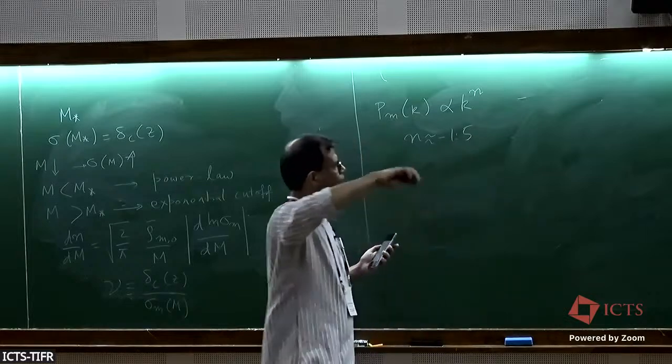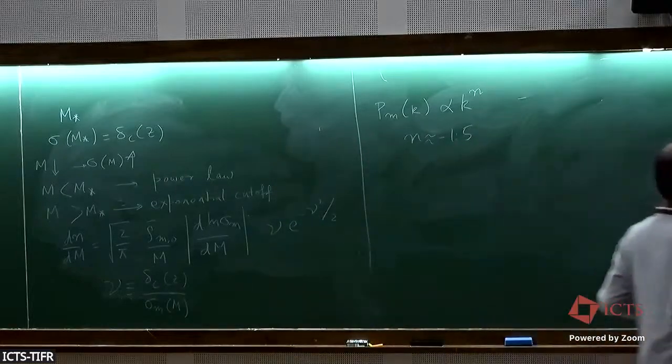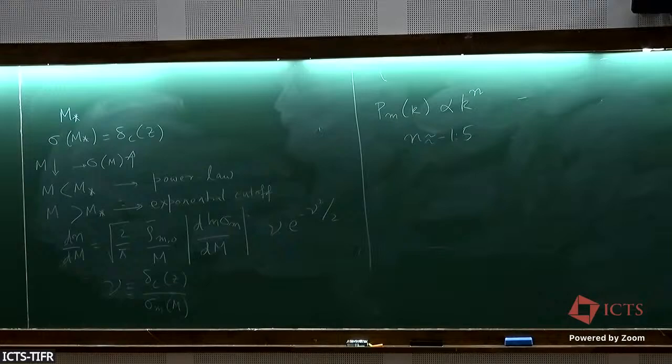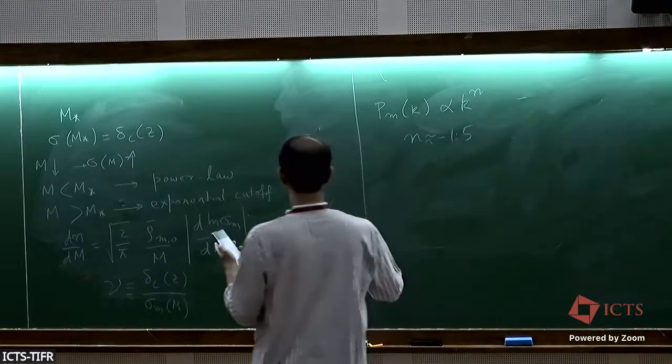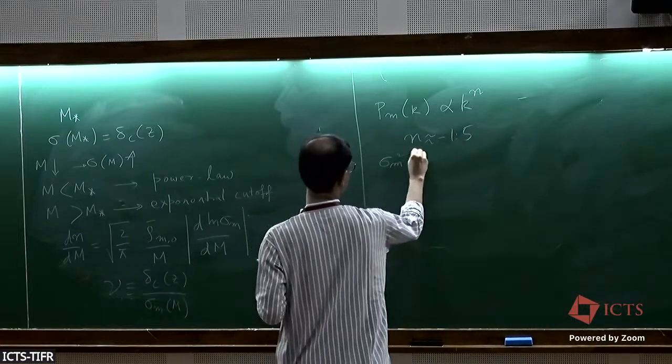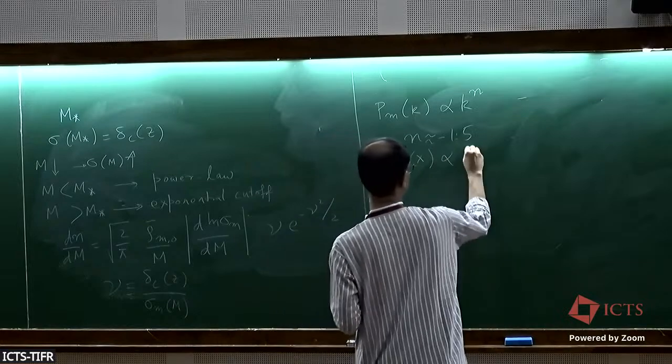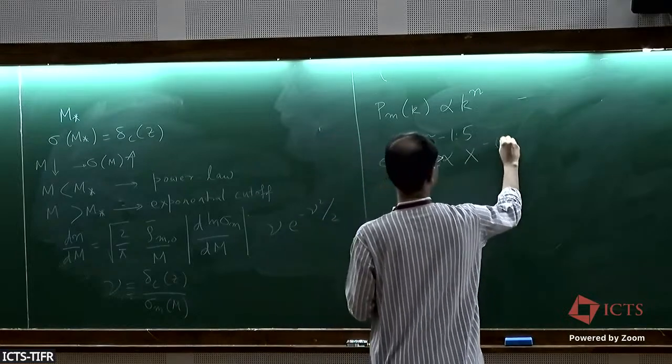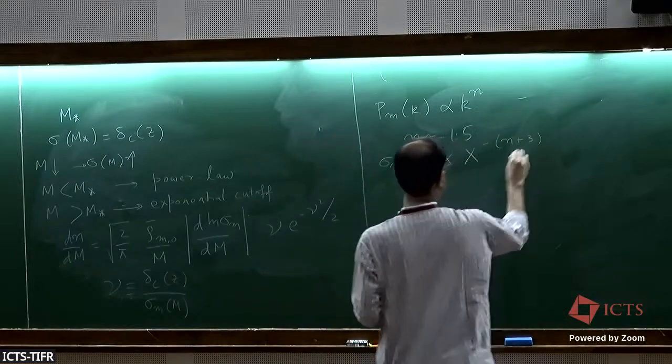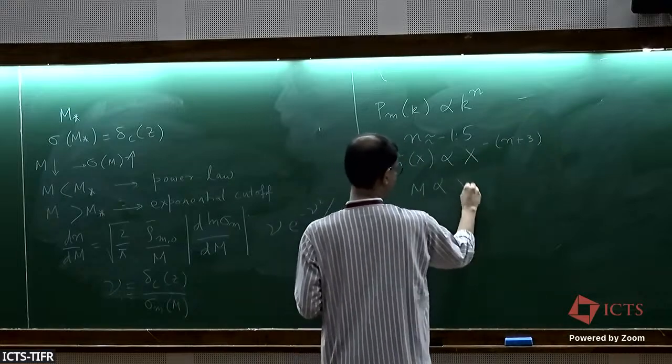For the galaxy scales which we are interested in, it's probably somewhere at minus 1.5. If you do this, what you will be able to show is that sigma m square x goes as x to the minus n plus 3, and m goes as x cube.